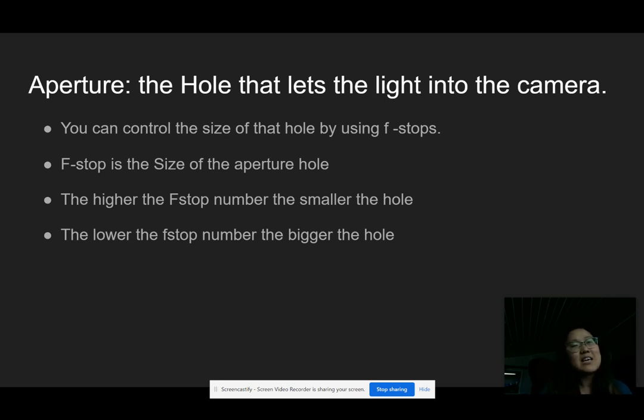So the thing that you need to remember is the higher the f-stop number, the physically smaller the hole, which means because the hole is smaller, that less light can pass through. But the lower the f-stop number, the bigger the physical hole, the more light can pass through.